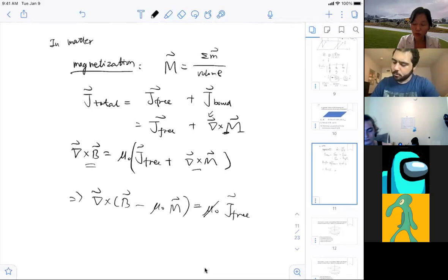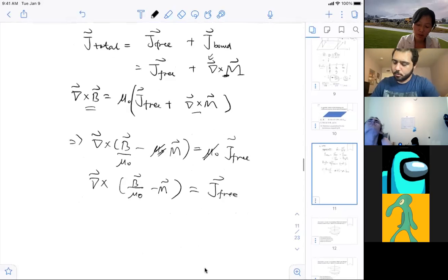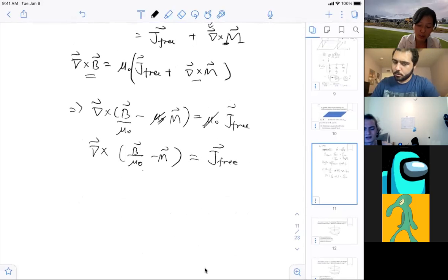So if I divide mu naught from both sides, I get this new quantity, and we call that the H field. We give it a new name. Just like our electric displacement field, this is an H field for magnetization. So the curl of H is equal to J free.